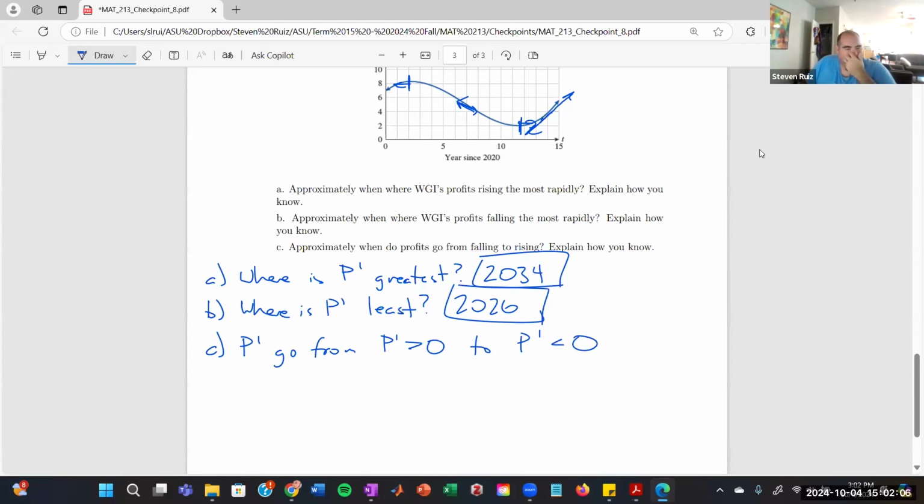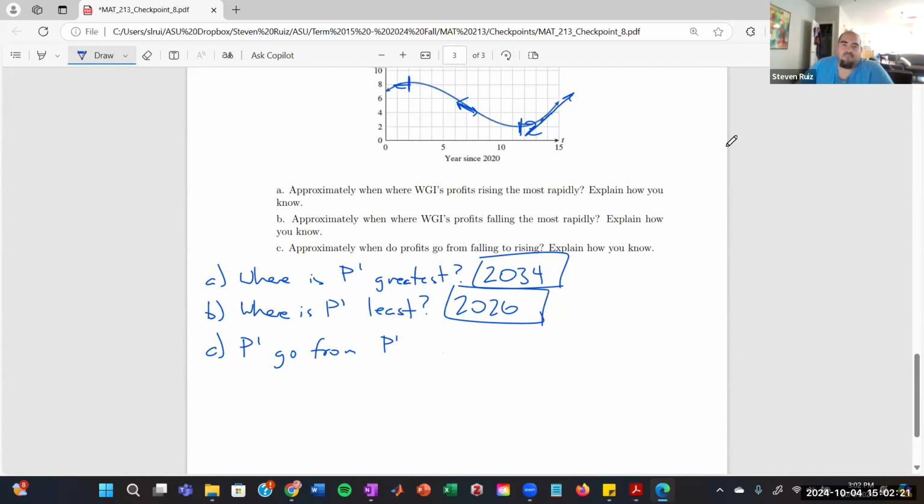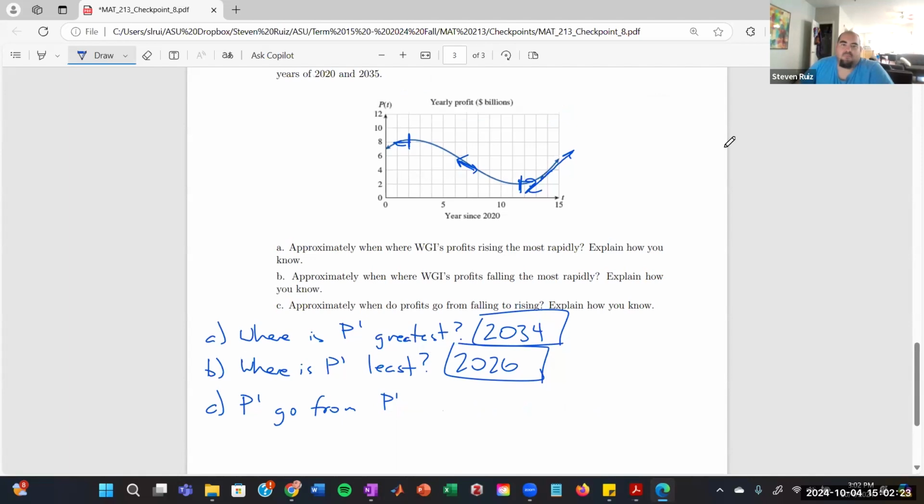What do I call that? Actually, no, that's not true. Take it back. So approximately when do profits go from falling to rising?